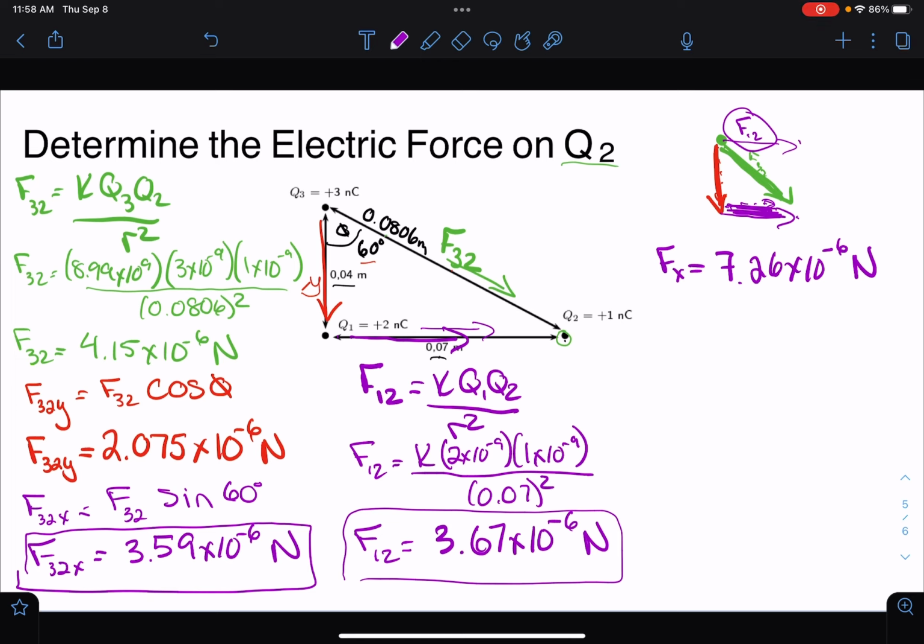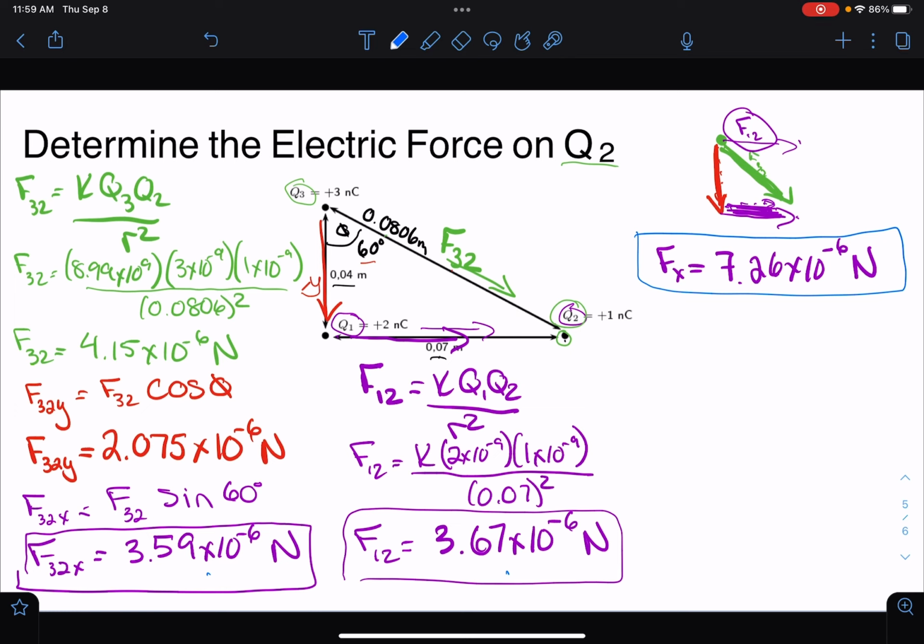Just to recap, we have a force in the x direction from Q1 on Q2, and a force on a diagonal from Q3 on Q2 that we broke up into x and y components. We then added all of the forces in the x direction.